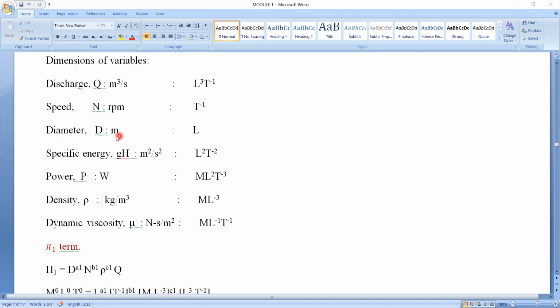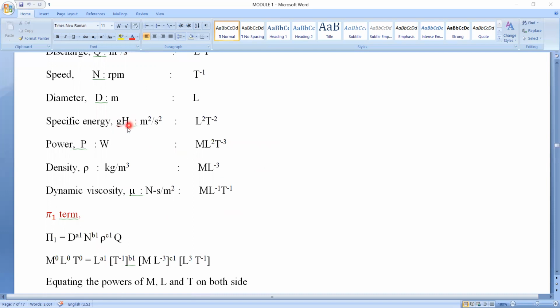Diameter, the unit for diameter is meters. So L, as it is L. Now the specific energy is GH. G is acceleration due to gravity. Its unit is meter per second square, and H is the head. Its unit is meter. So meter per second square and meter, it is meter square per second square.